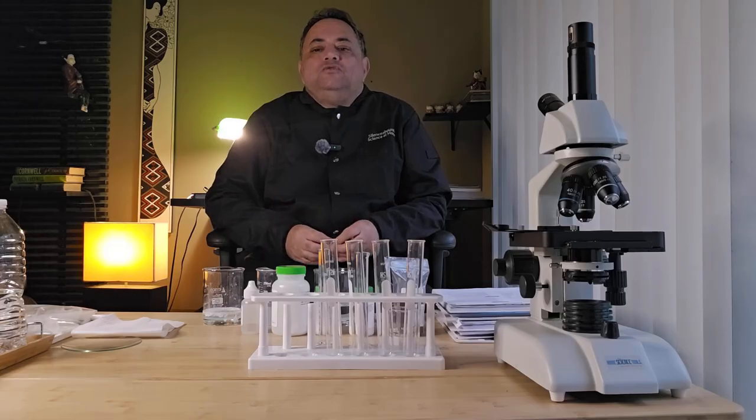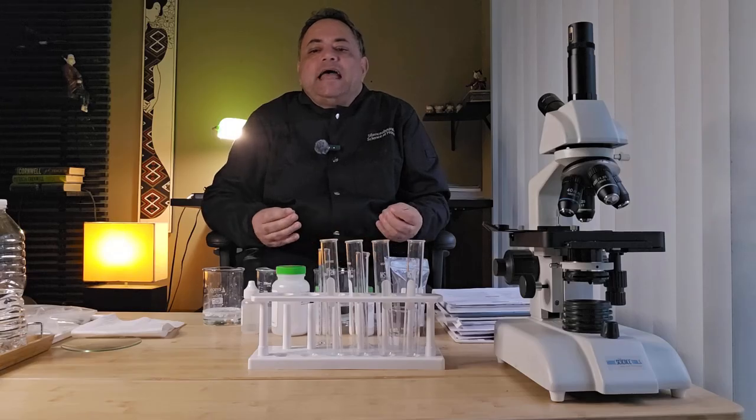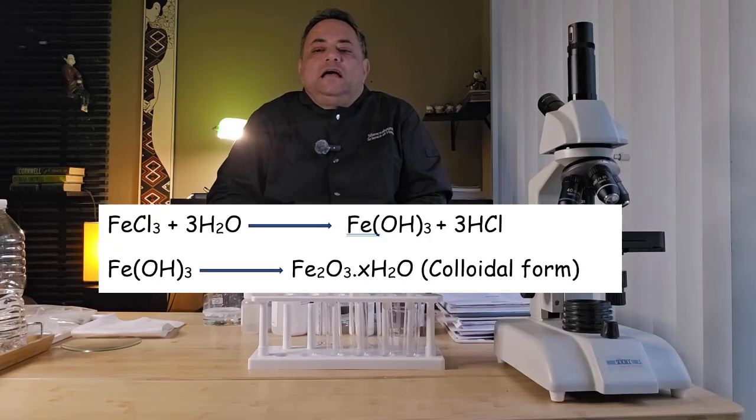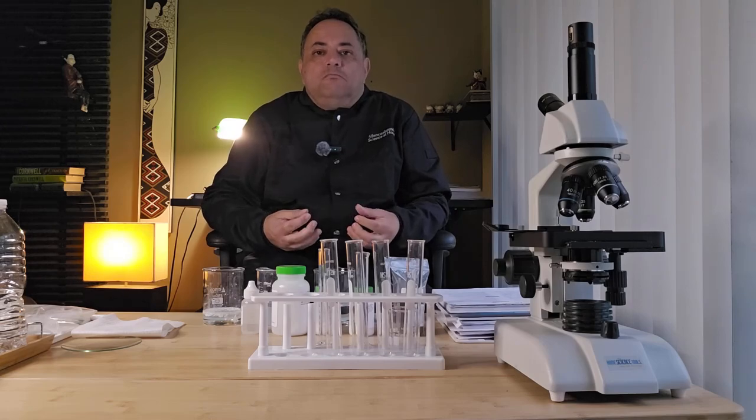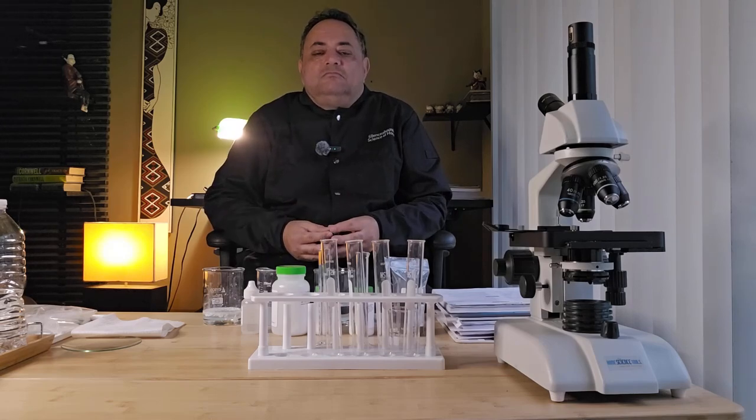When a dilute solution of iron chloride is added to hot water, iron 3 oxide particles, which is hydrated iron 3 oxide, form as a sol. And we're going to see that in today's experiment.